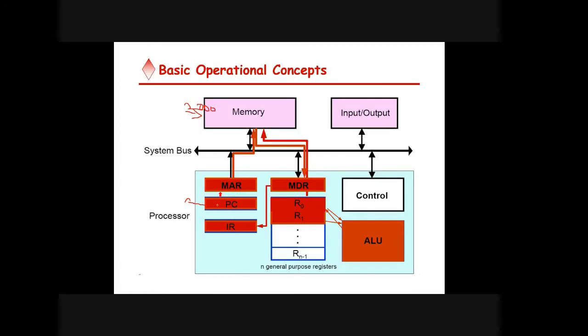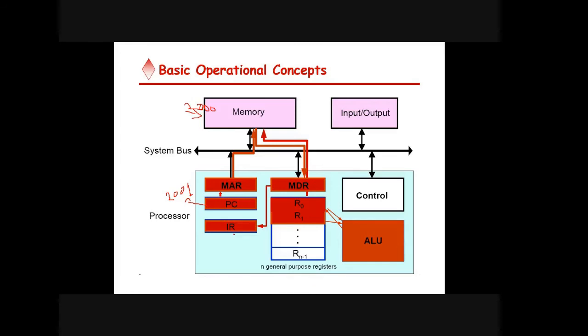At the same time, since the program counter has already fetched the instruction at 2000, it will be incremented by 1 and point to 2001. Now the instruction is available in the IR register.